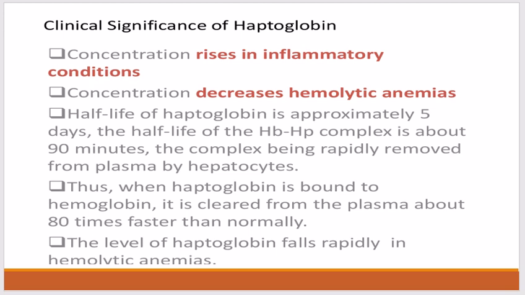Thus, when haptoglobin is bound to hemoglobin, it is cleared from the plasma about 80 times faster than normal. The level of haptoglobin falls rapidly in hemolytic anemia.